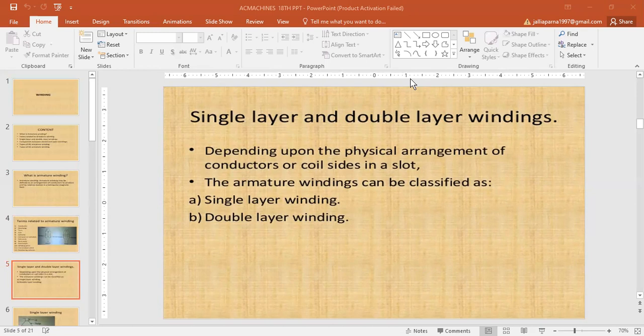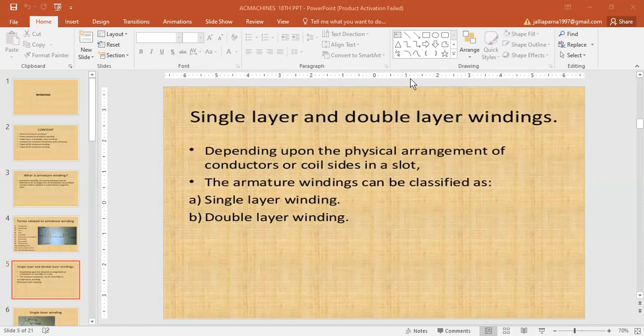For the lap winding, YC is the difference of YB and YF, whereas for the wave winding it is the sum of YB and YF.